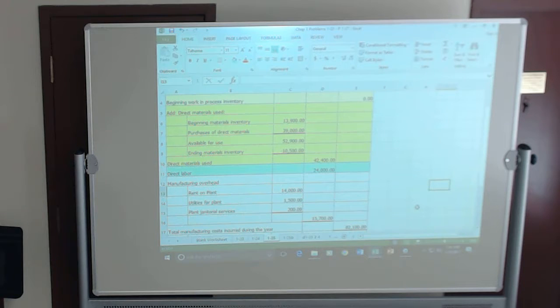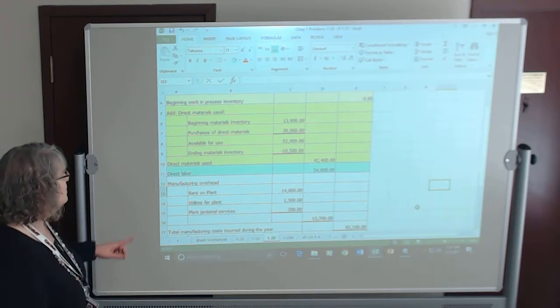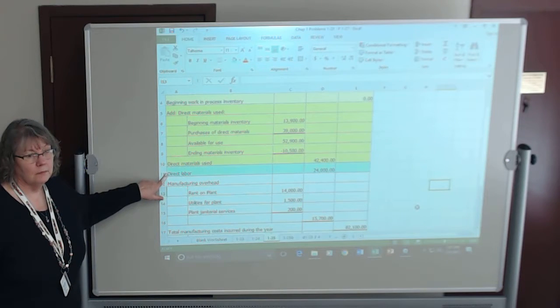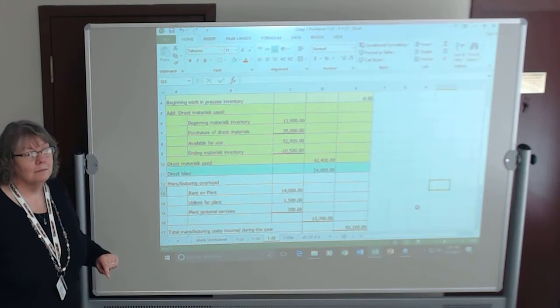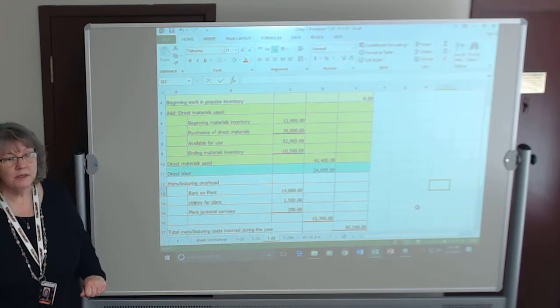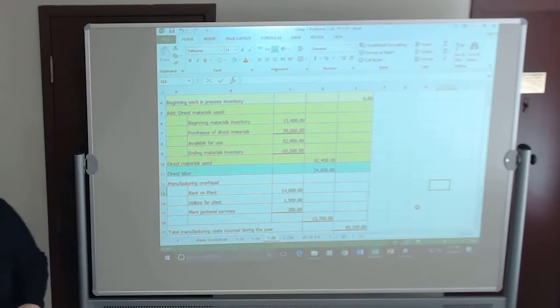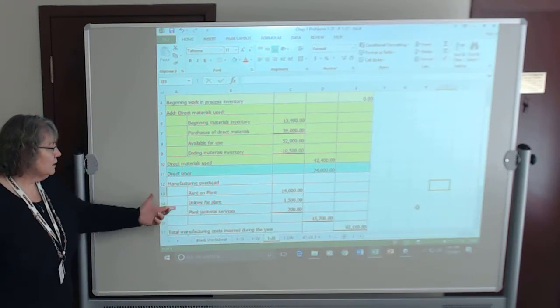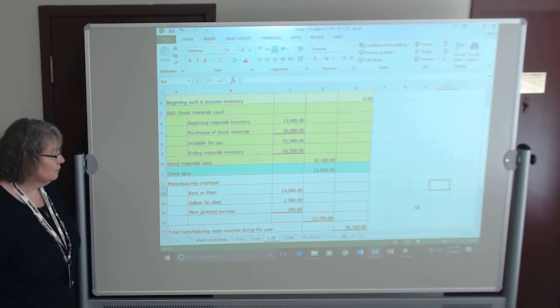Why isn't the janitorial service in direct labor? Because it's not directly related to the product. If we had to say the labor cost us this much per item, we don't want the janitorial service in there. It has to be directly assigned. So your plant janitorial services will be linked to manufacturing overhead.